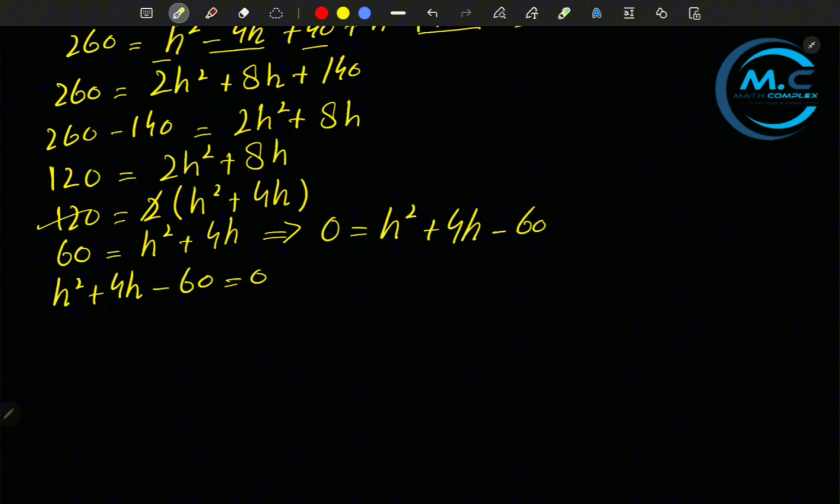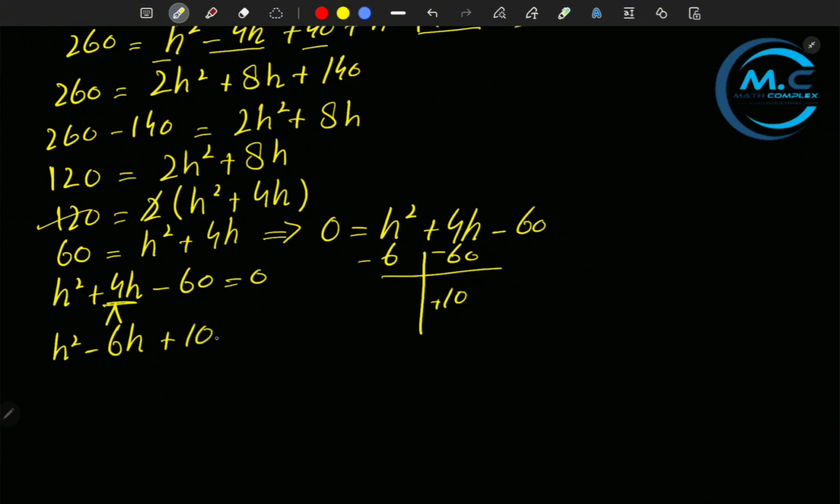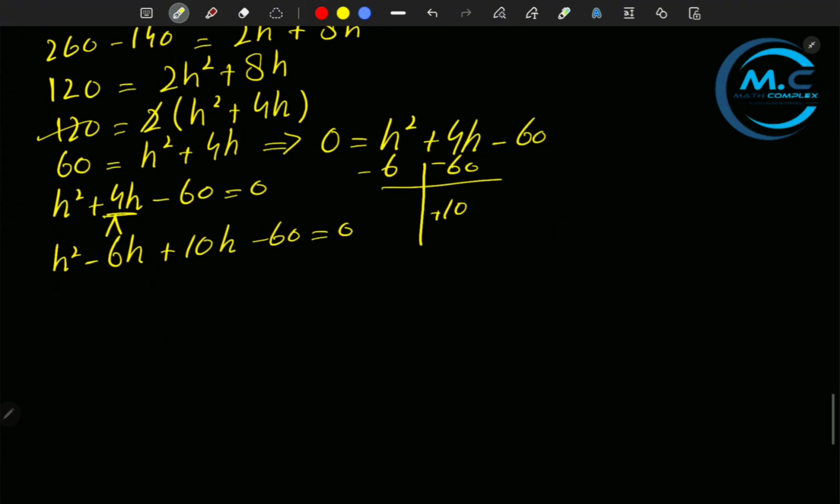Now we will factorize this expression by middle term breaking. Minus 60: 6 tens are 60, and as 4h is plus, so we will break it as minus 6h plus 10h minus 60 will be equal to 0.